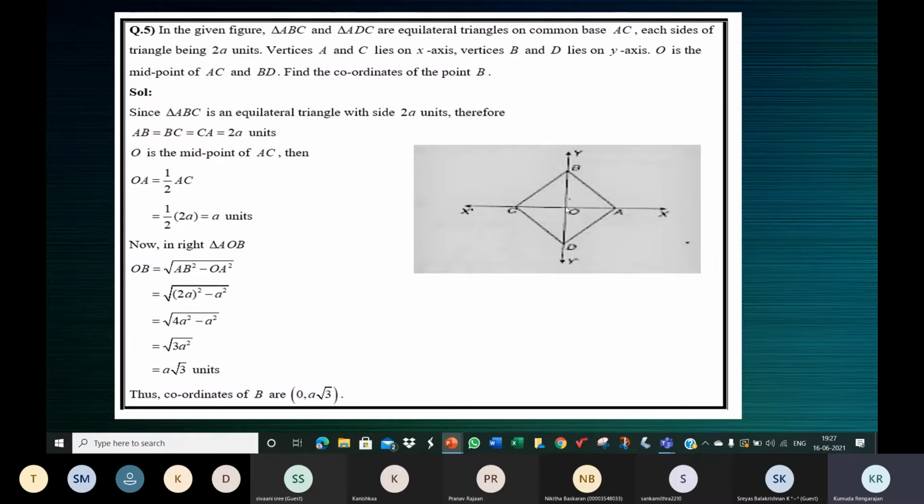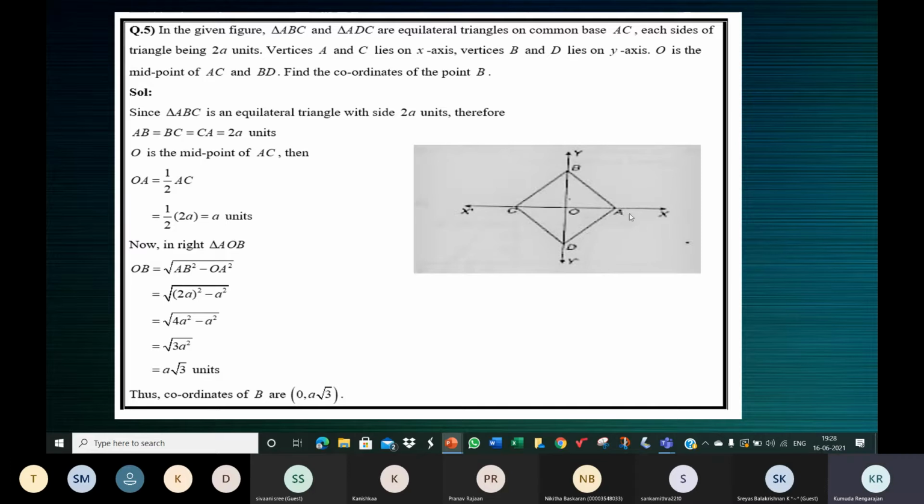So from the origin to this point A is A units. Since AC is 2A units, from the origin to A is A units. And since A lies on the x-axis, the y coordinate is 0.